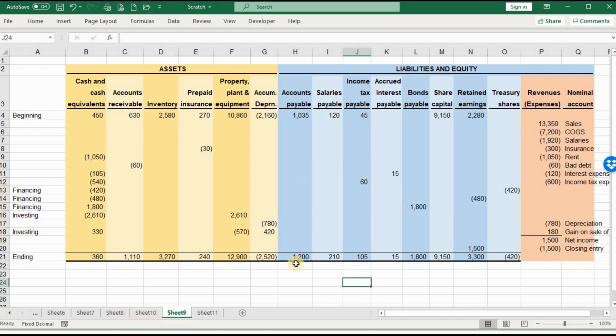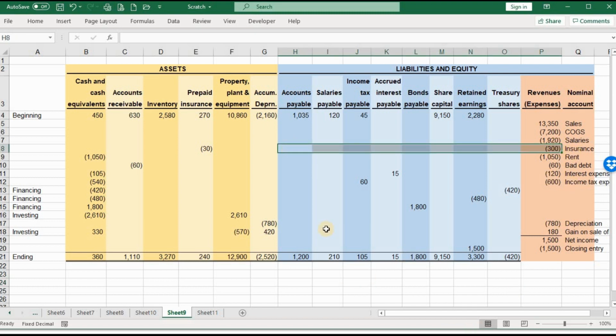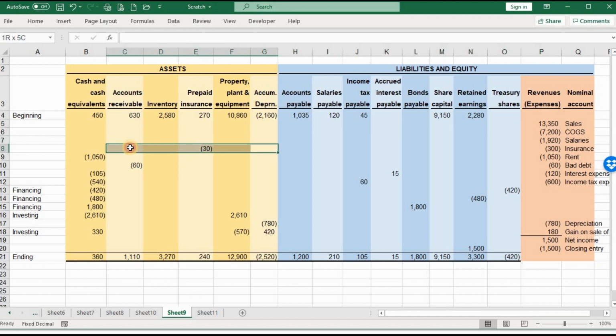So to again maintain the equality of the equation, the right side has a total of negative 300, and on the left side we already have a negative 30 pesos. Which means that there must be a negative 270 pesos under the cash and cash equivalent column, and this is the insurance paid during the year.